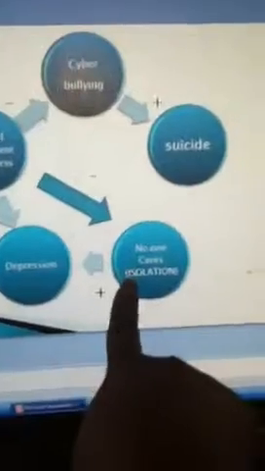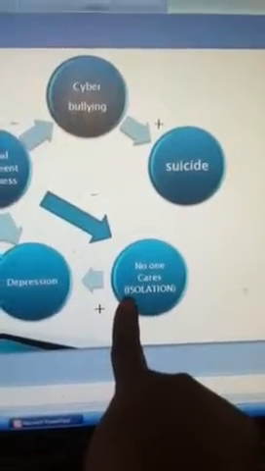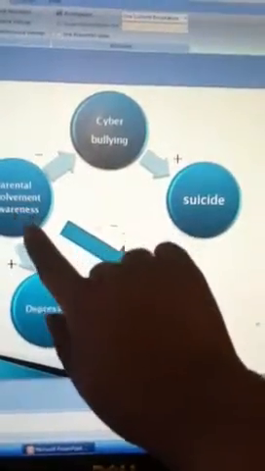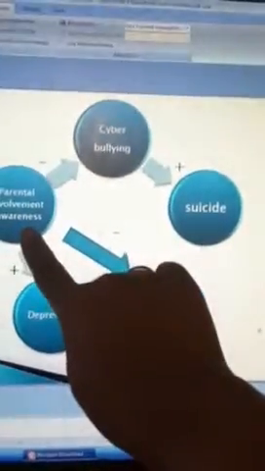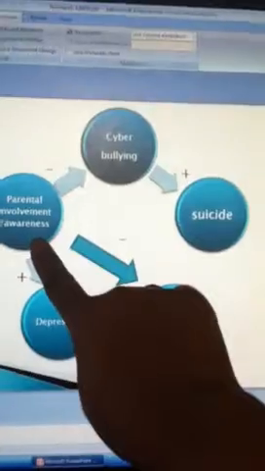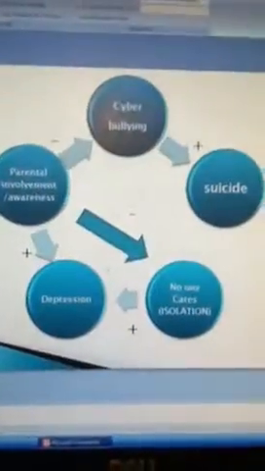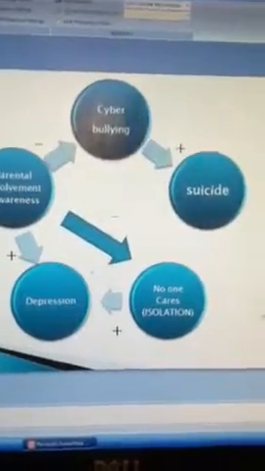The intervening variables here, parental involvement and awareness, depression, and isolation, basically there's a correlation between parental involvement and awareness, which is negative because as parental involvement decreases, cyberbullying increases.